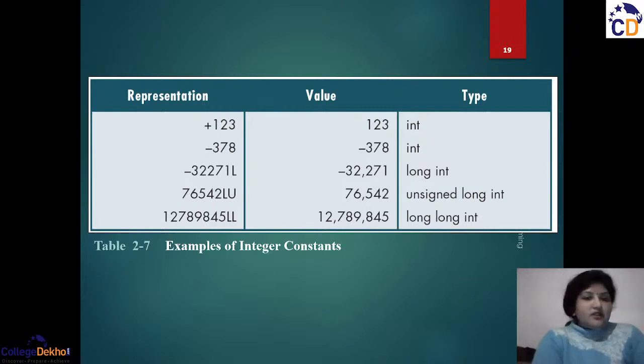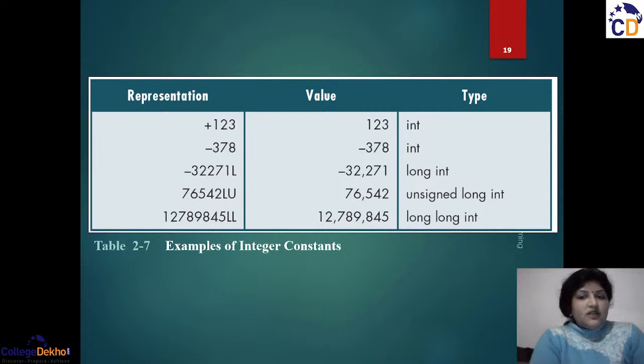Then we have another constant, that is L. L is representing long. You have an integer value, but that is long. How does it hold the value? Minus 32,271, and the type of data it is holding is long integer.